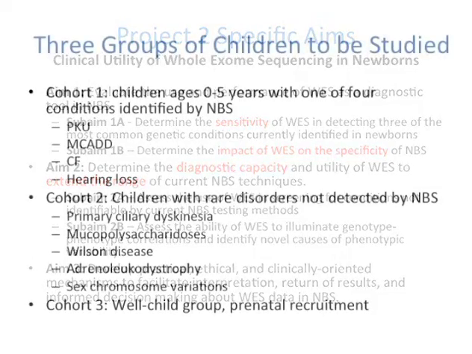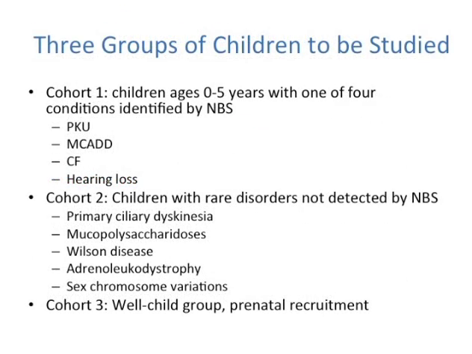So we have a cohort of children with PKU and MCAD, cystic fibrosis, and hearing loss, and then another with some of the other conditions that have been recommended for newborn screening, including the mucopolysaccharidoses and adrenoleukodystrophy.